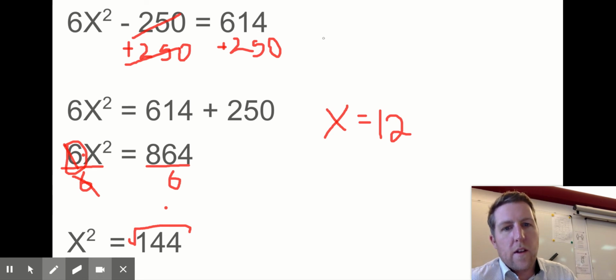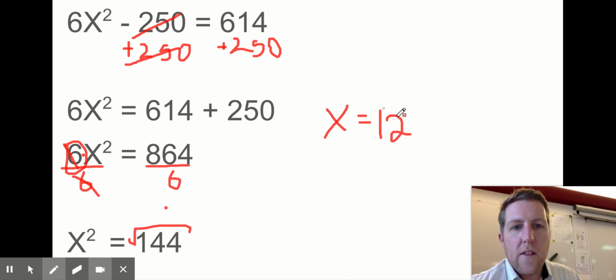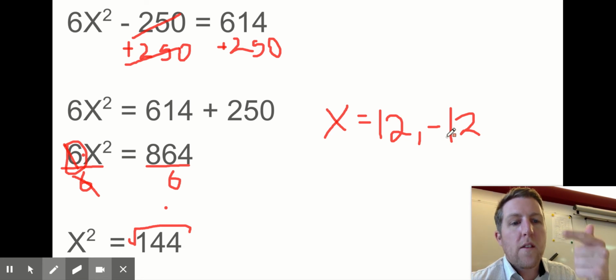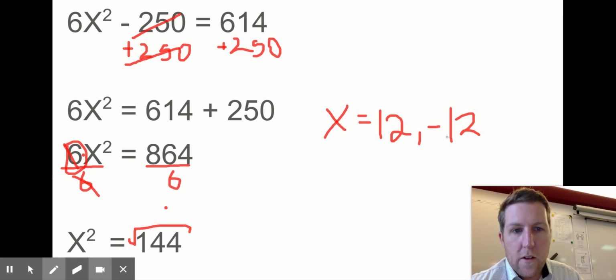Now, there's one other important thing to note. This is kind of an extension piece: this answer here, and in all of these square root questions, could also be minus 12. You could have a negative number as your answer because if you put negative 12 in the position of x, negative 12 times negative 12 gives you positive 144, and that works.